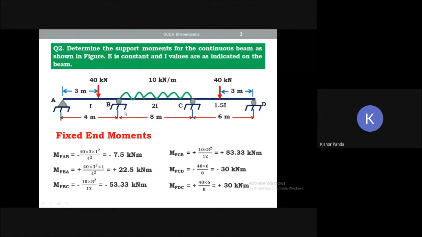Then find out the distribution factor of RBA, RBC, RCB and RCD. So RBA is equal to KBA divided by KB and RBC is equal to KBC divided by KB. Then RCB is equal to KCB divided by KC and RCD is equal to KCD divided by KC.